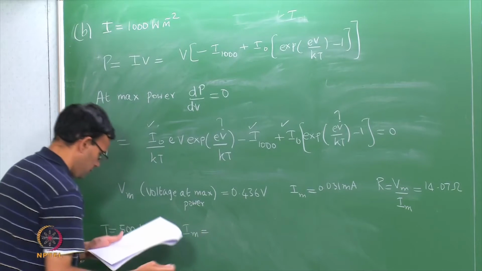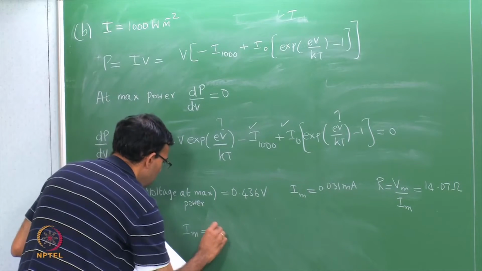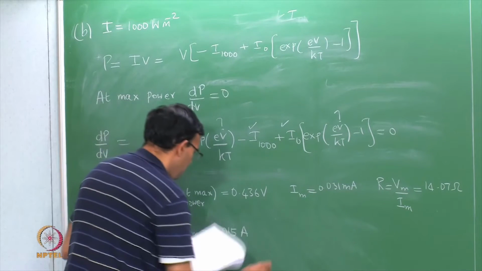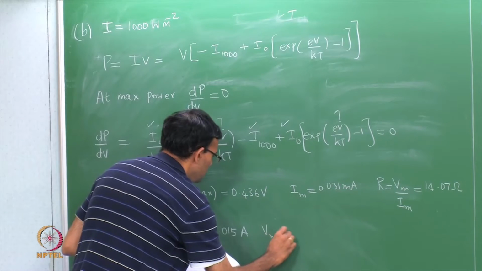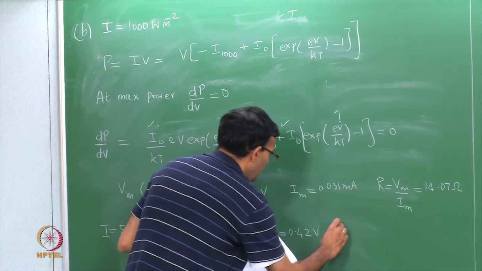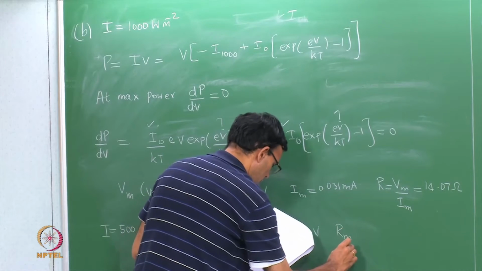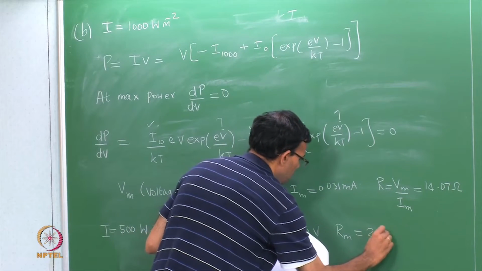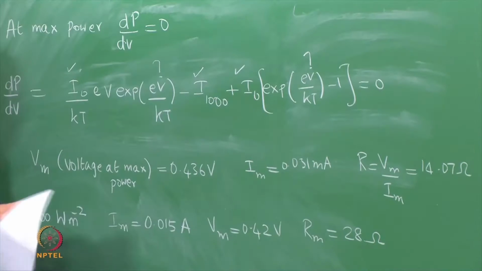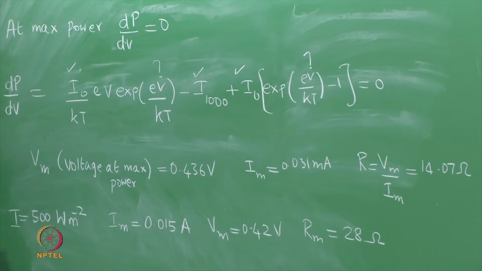Im is 0.015 amps, Vm is 0.42 volts, and the load Rm is essentially 28 ohms.